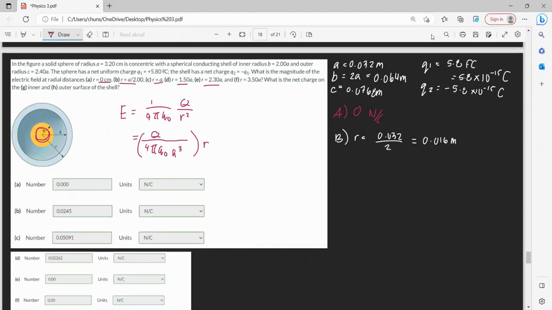So that means we are including in our equation 1 over 4 pi epsilon 0.